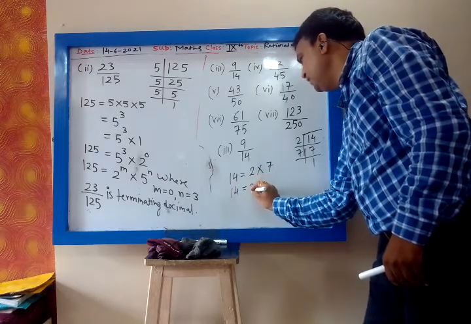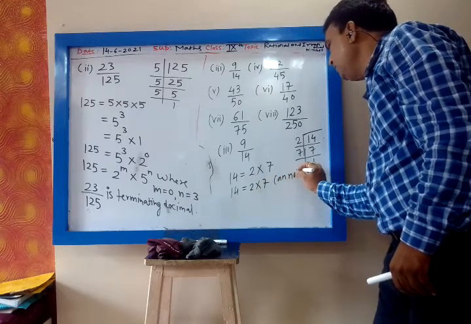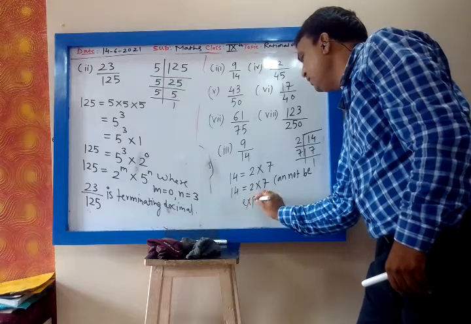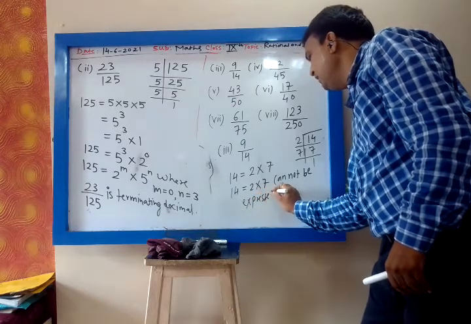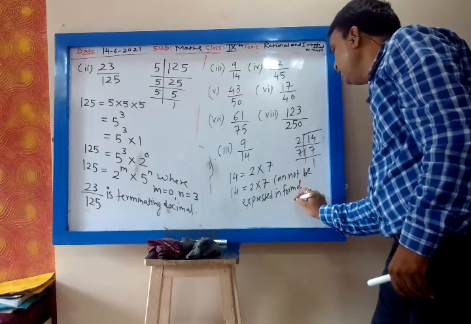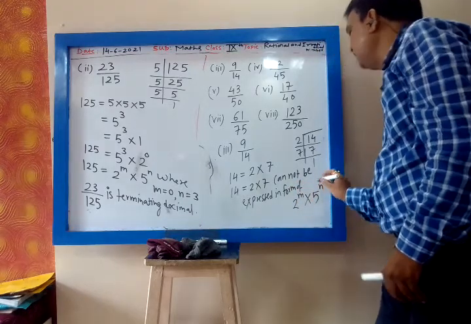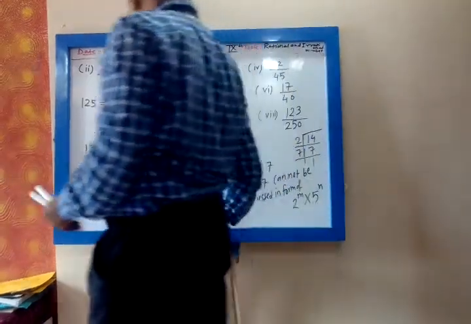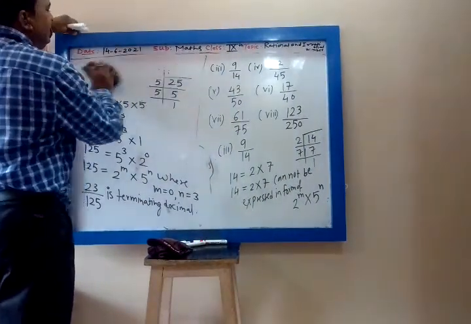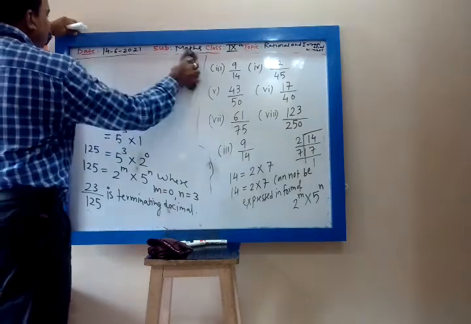So 14, which is 2 into 7, cannot be expressed in the form of 2 raised to m into 5 raised to n. 5 must be a factor. If apart from 2 and 5 there is any other factor, then it is a non-terminating decimal, meaning the division will not stop.